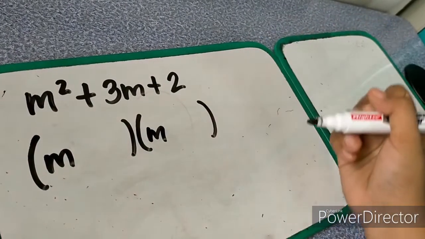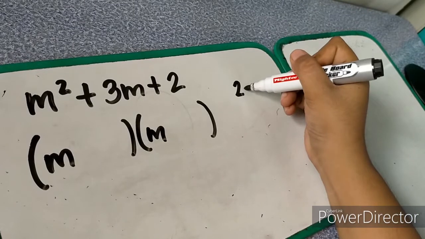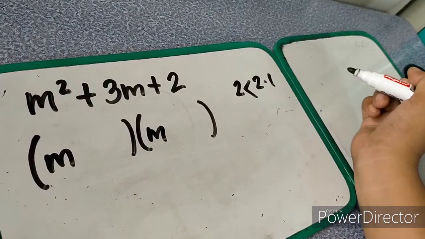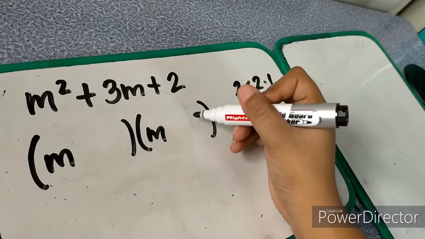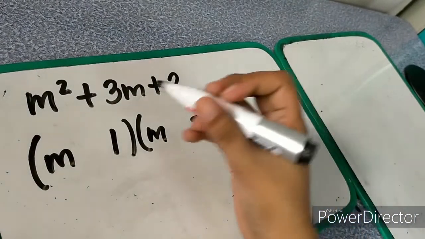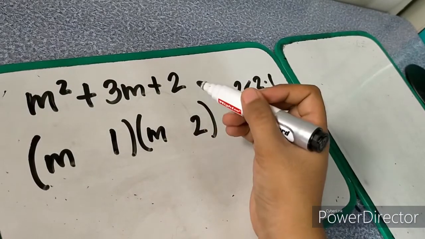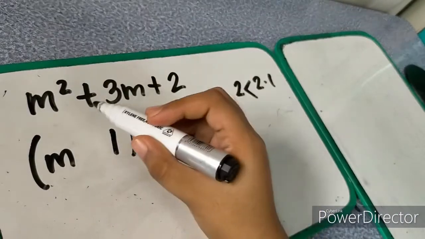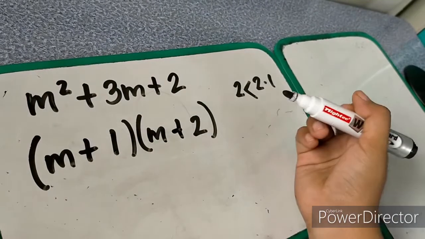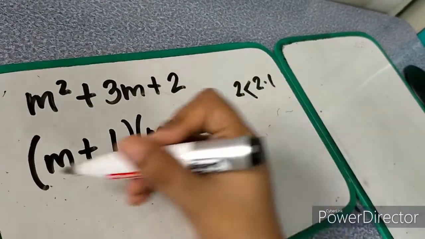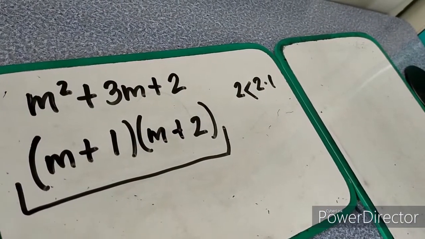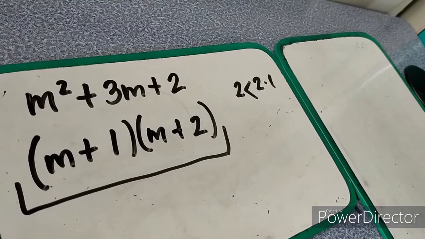Then, factor the last term. 2. Its only factor is 2 times 1. Meron pa ba? Wala na. Meaning, our factor is 2 and 1. Because 2 is positive and our middle term is also positive, our operation is add. And this is the factor of m squared plus 3m plus 2. It is m plus 1 multiplied to m plus 2.